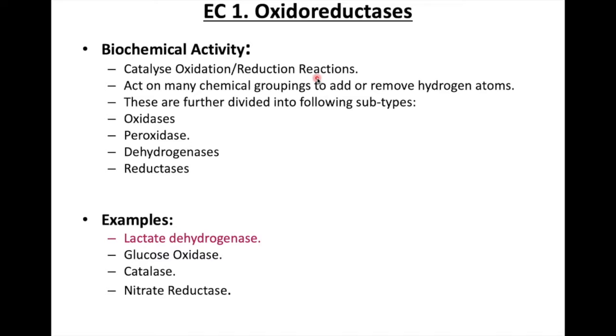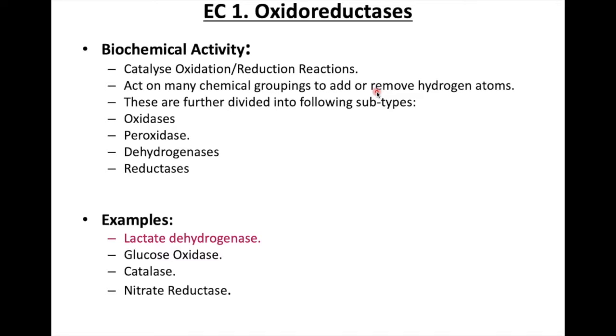The substrate that is oxidized is regarded as the hydrogen or electron donor, meaning there is a loss of electrons, and the compound that is reduced is considered the hydrogen or electron acceptor, meaning there is a gain of electrons. These enzymes act on many chemical groups to add or remove hydrogen atoms or electrons.